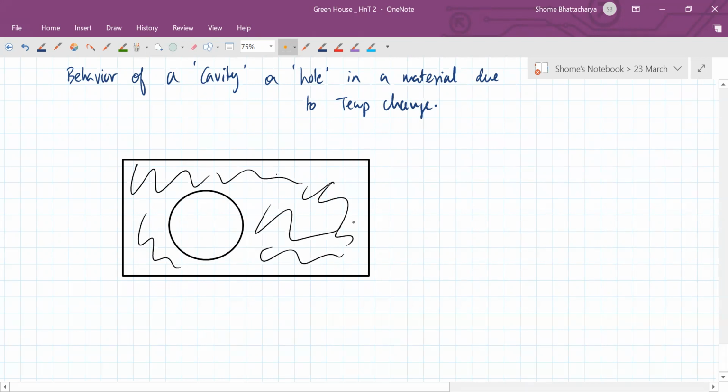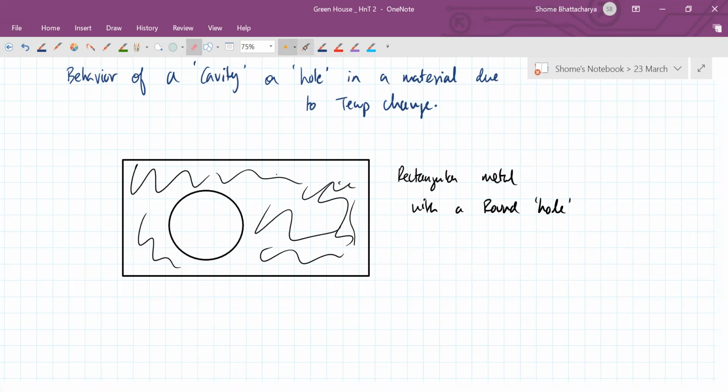Okay. So this is a rectangular metal sheet with a round hole. So the sheet has dimensions L by B. Okay.